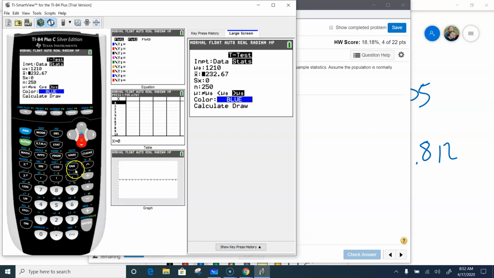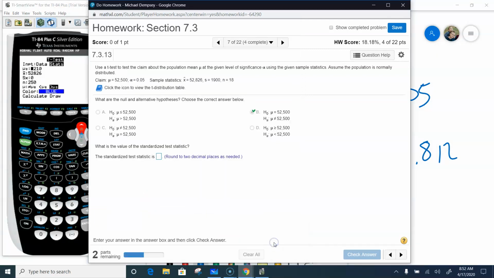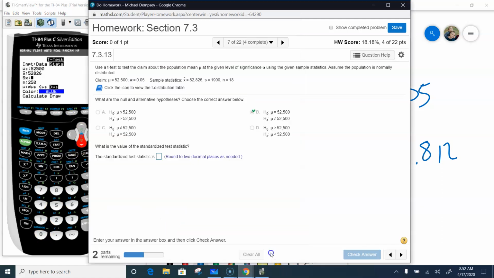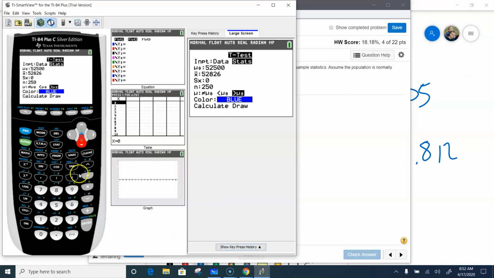But remember, the claim value, I should have started with that, is 52,500. The sample standard deviation, they ought to give that to us if they don't give us the data, and they do indeed. It's 1900, and the sample size is 18.